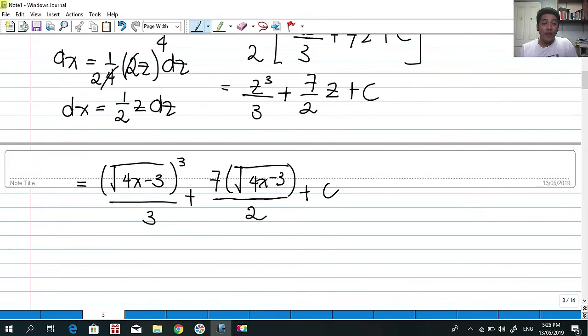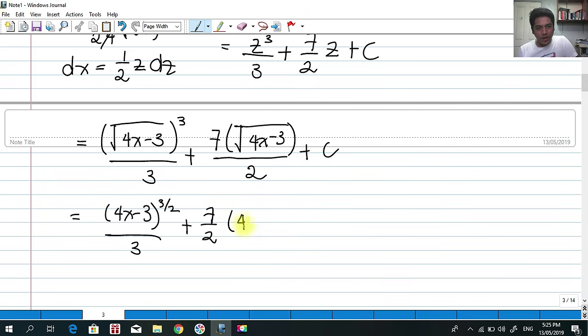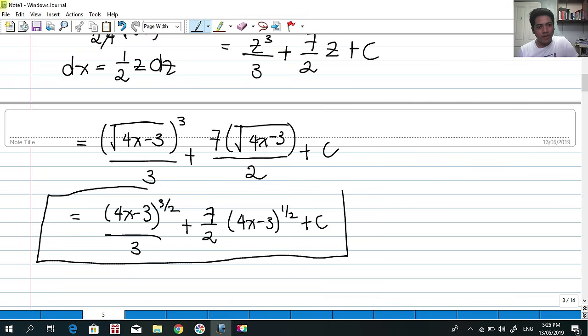Or to make it look nicer, we can express this in terms of exponents. 4x minus 3 raised to 3/2 over 3 plus 7/2, okay? Multiply that by 4x minus 3 raised to 1/2 plus c. Okay, this shall be our final answer.